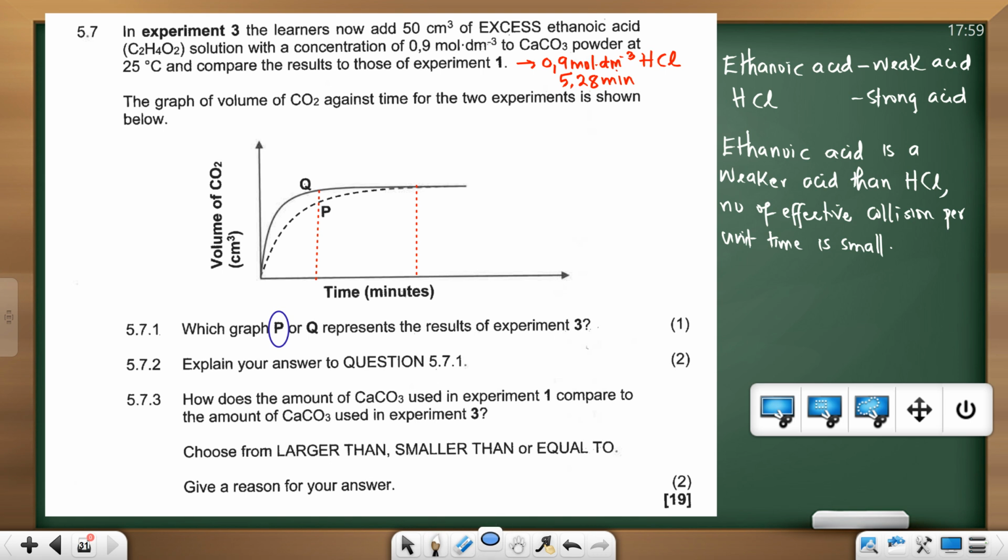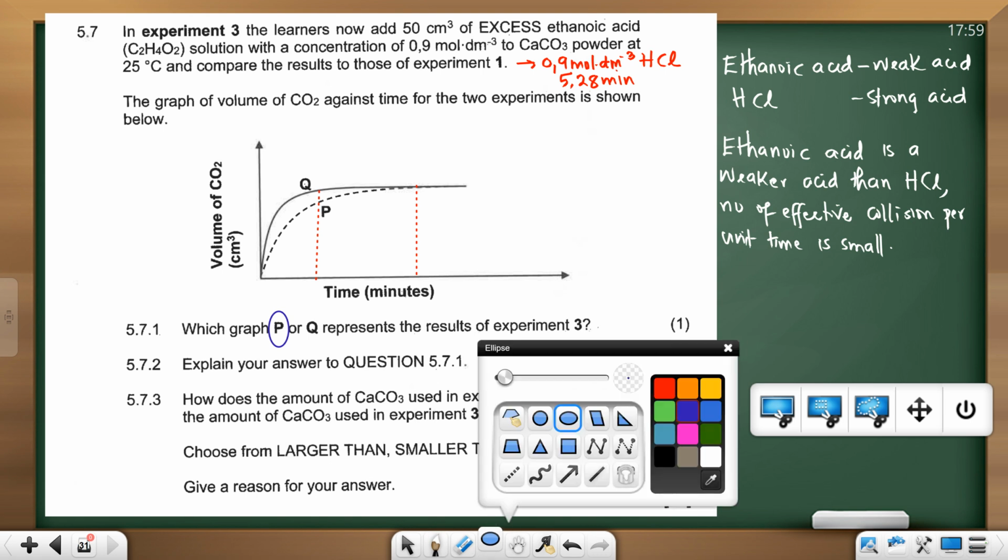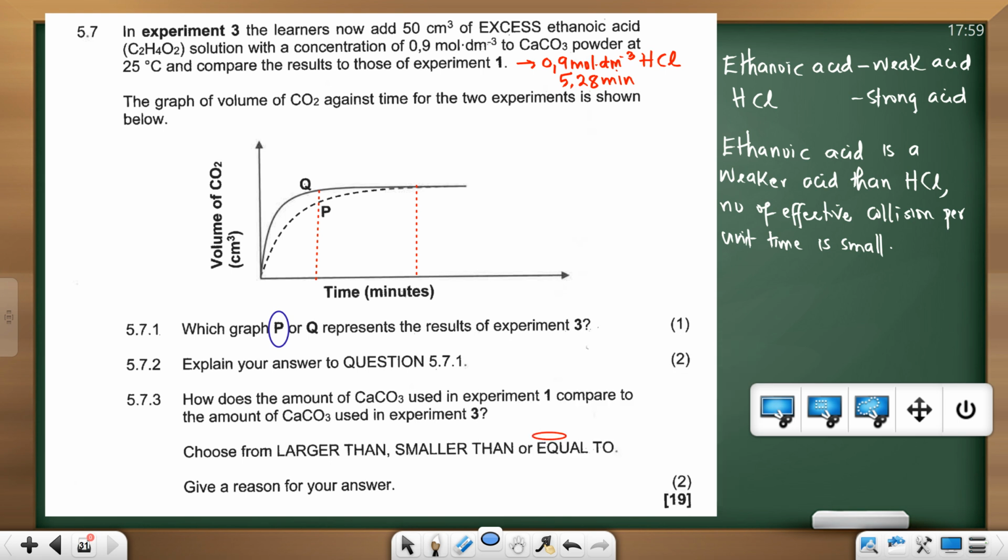Is there another way to do 5.7.1 without the knowledge of acid and base? No. Because it's about concentration. It's a stronger acid. If you have done acid and base very well, I would have said it ionizes. When you say something is a strong acid, let me quickly explain.